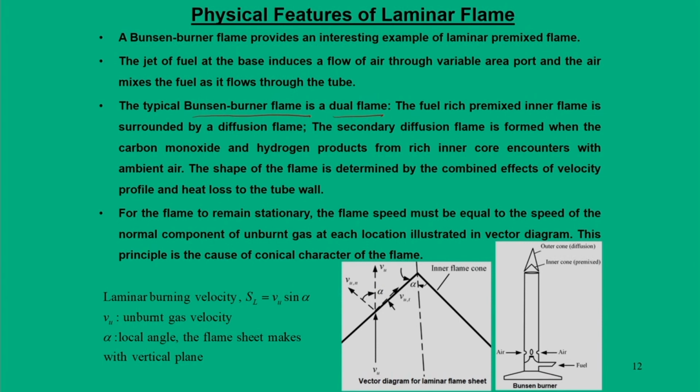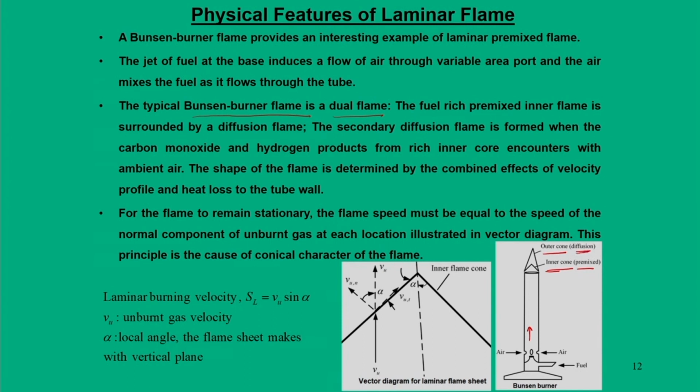In a Bunsen burner, we have a tube, and at the bottom of the tube there are slots where air enters, and also there is a passage of fuel, and both mix and travel towards the upper regions. What we see at the top is a flame consisting of two cones, one inner cone and the other outer cone. The inner cone is typically premixed, whereas the outer cone is diffusion.